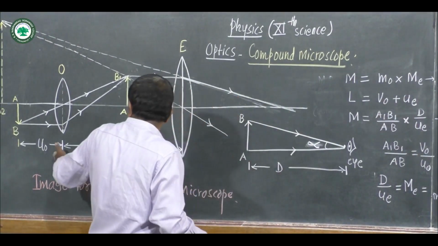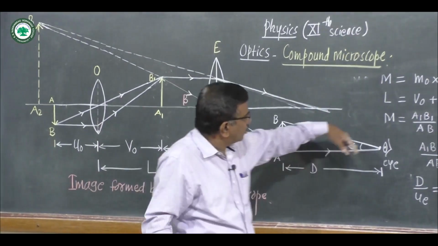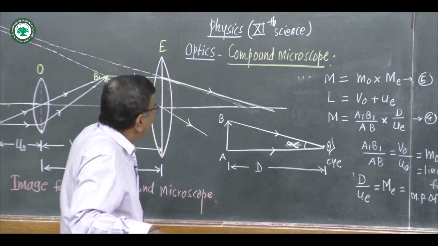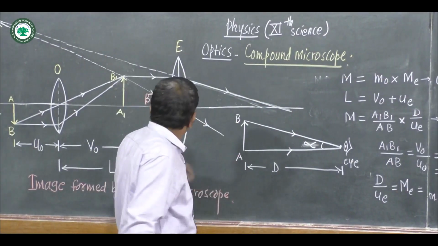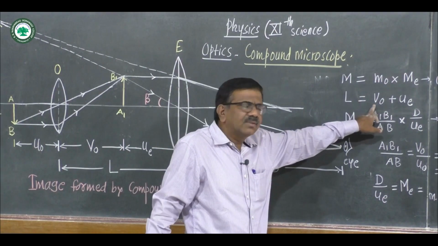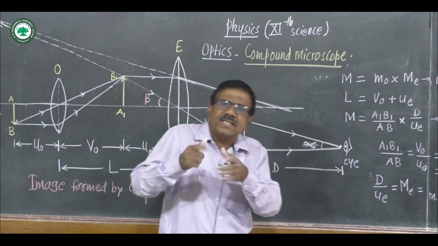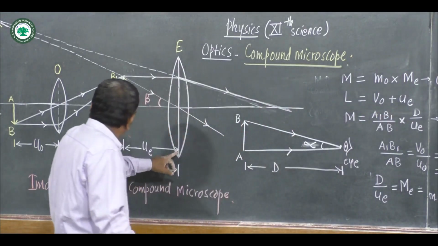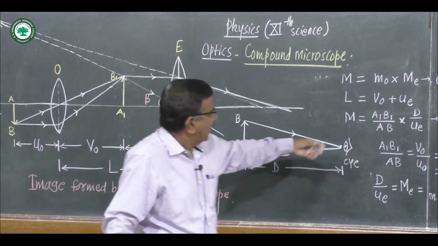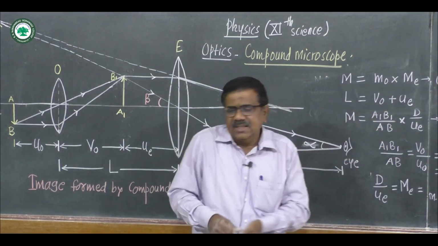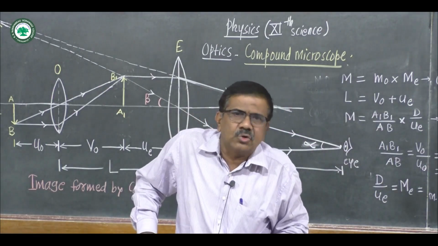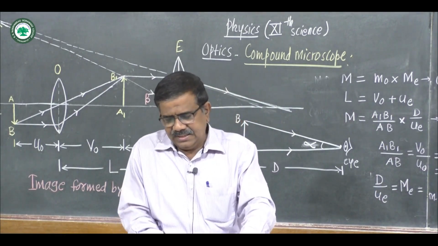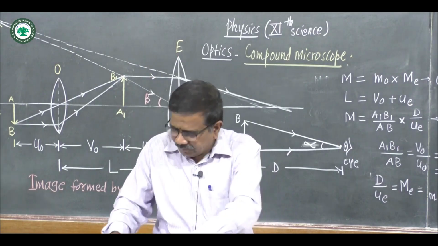VO is the image distance for objective. UE is the object distance for the eyepiece, and addition of these two gives the length of compound microscope. Now we see one numerical based on this compound microscope.